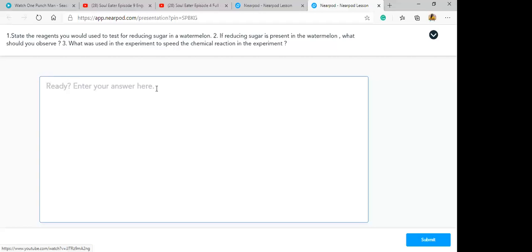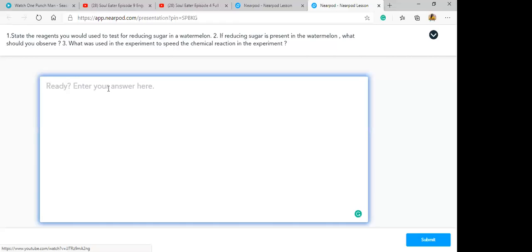Glucose. They used the hot water, remember? Hot water. Okay. So when you do it, use the format that I asked you to show. Oh, yeah. Sorry, my bad.